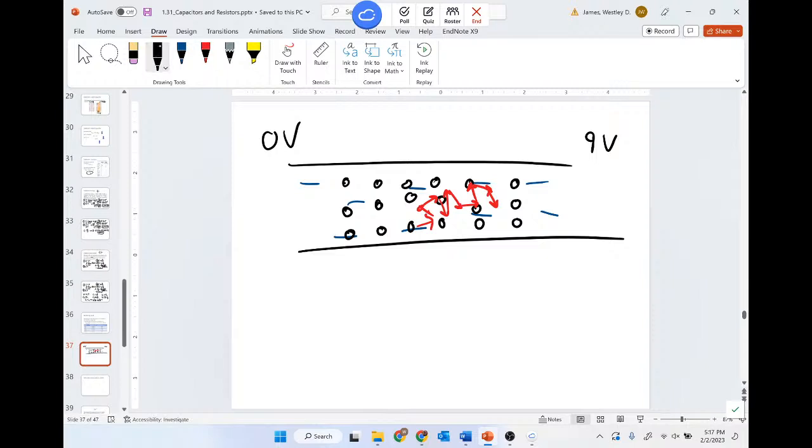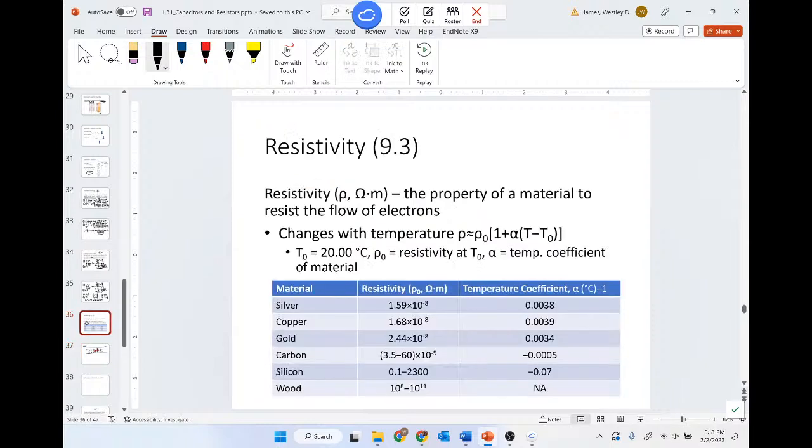So if these atoms are wiggling around, the more they wiggle around, the more likely those electrons are to get smacked by them, knocked the wrong way, and that kind of thing. The slower they are, the easier it is for those electrons to slip through. And so when we look at this equation, we see as temperature goes up, resistivity goes up. That's what this equation shows us.